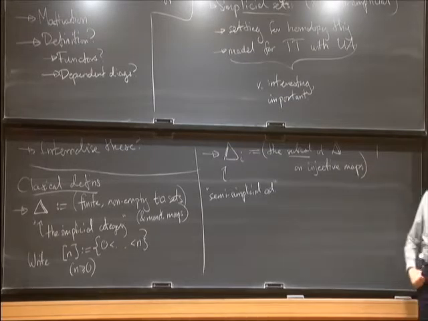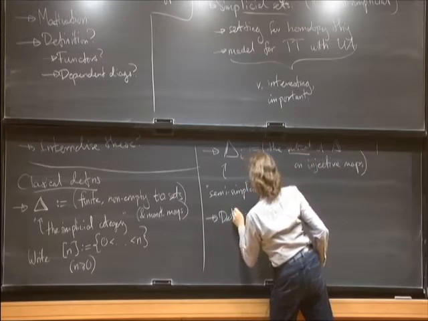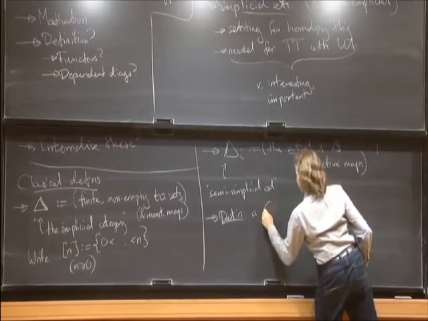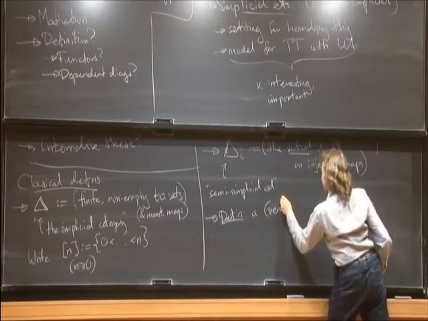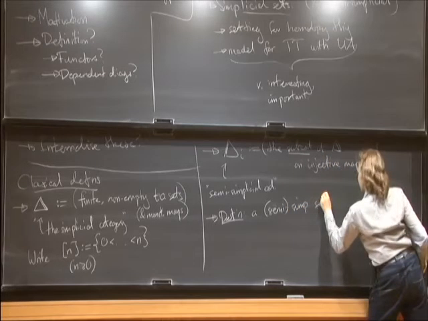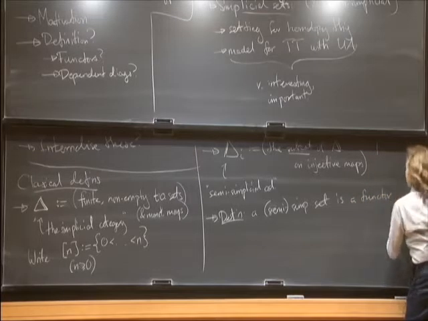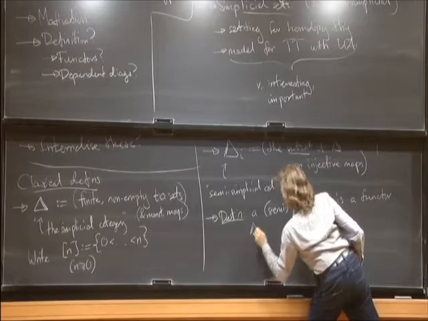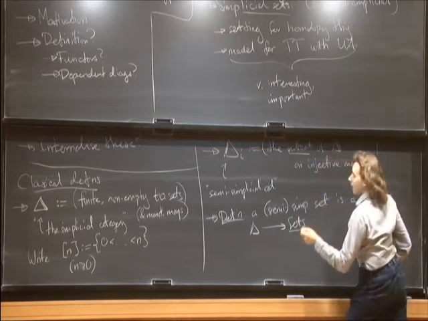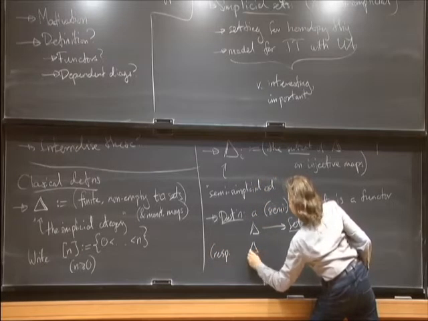And this now allows us to give a very quick and clean definition. A simplicial set, or a semi-simplicial set, is a functor from the simplicial category into sets, or of course, respectively, the semi-simplicial category.